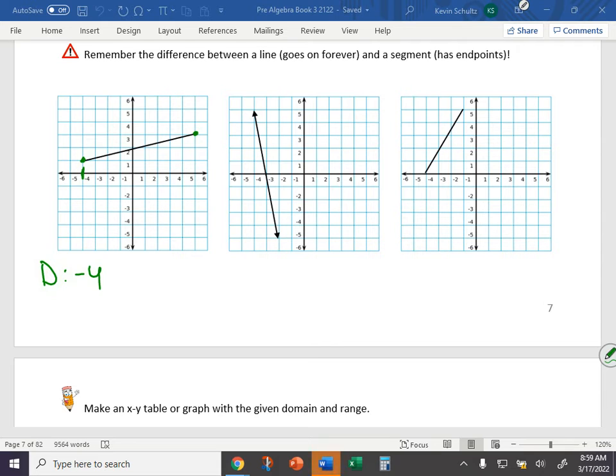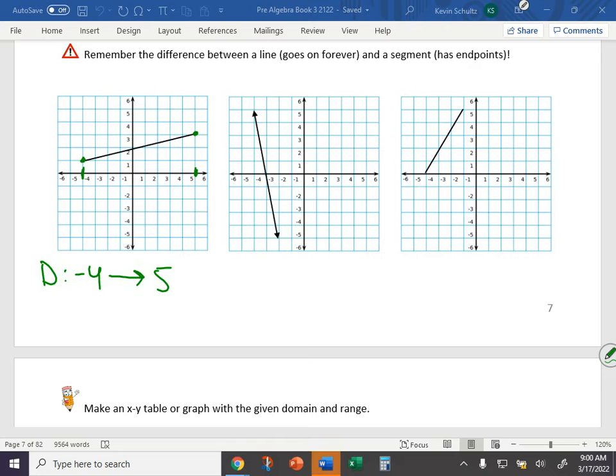And what is the highest x value, or the rightmost x value? 5. So on the x-axis, this segment begins at -4 and goes all the way across to +5. To show that, we start with -4, put our arrow, and then it ends at 5. That ensures that all the fractions and all the decimals are included.